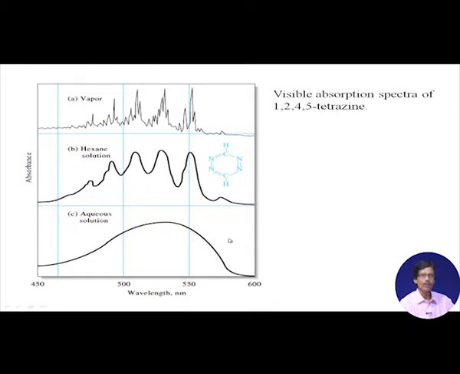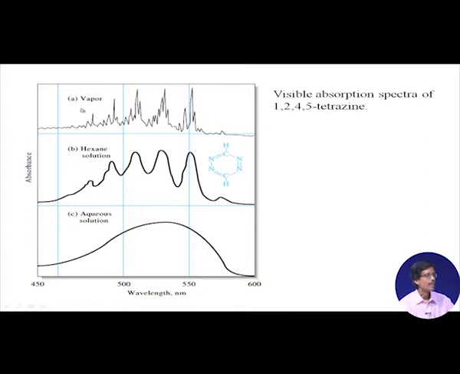If the aqueous solution is highly concentrated, that means more and more tetrazine molecules are kept side by side, they are very close and they slowly start some interactions. So, the vibrations we are not able to observe in the aqueous solution, but in hexane solution, where the number of molecules is less, we are able to see the corresponding vibrations of these bonds. That means the carbon nitrogen double bond, carbon nitrogen single bond and carbon hydrogen single bond also.